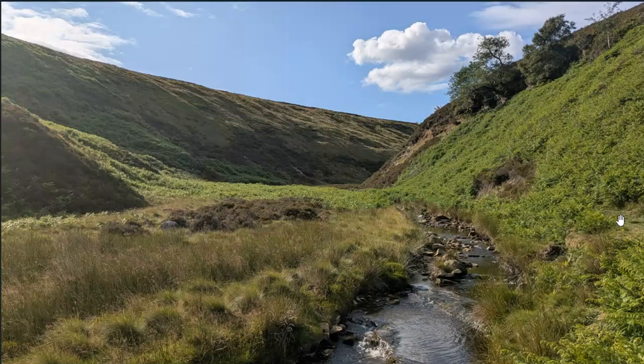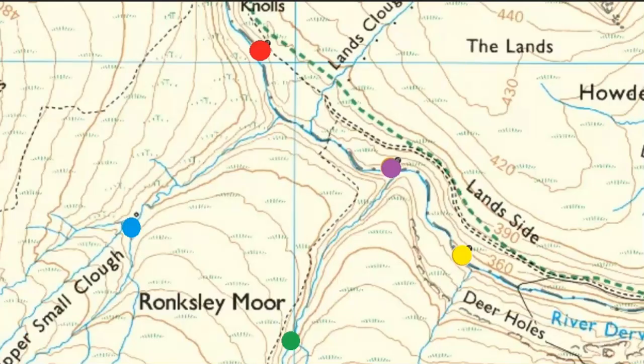If we look at the map, none of the positions show a path going all the way down right to the stream. The path here is quite a bit higher up the slope, as it is there, as it is there, as it is there. So always use the shape of the ground, the shape of the natural features, before any man-made features such as paths.